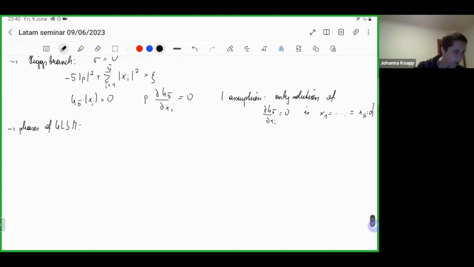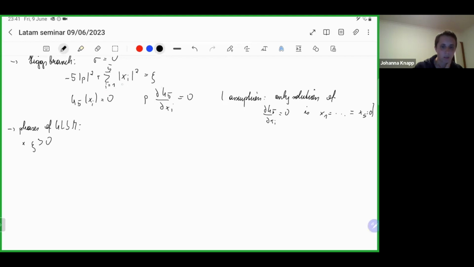So the way we do that is, and I actually might make it on time, if we have zeta larger than 0, we will have to distinguish 2 cases if we look at the first equation. So if zeta is larger than 0, for this to have a solution, we have to make sure that at least one of the x's is non-zero.